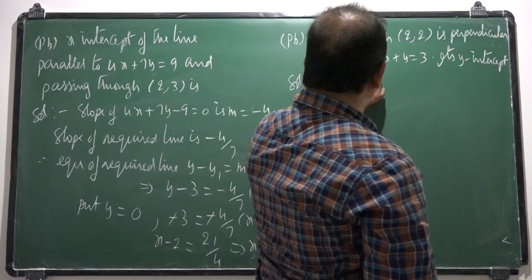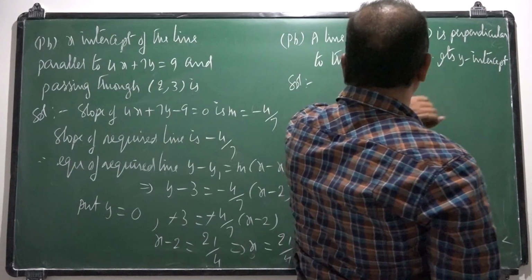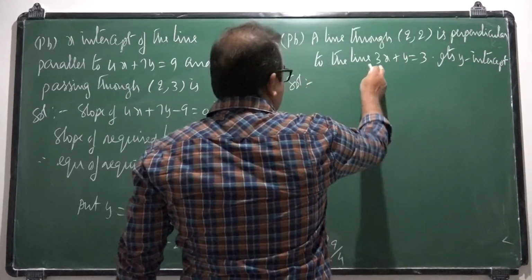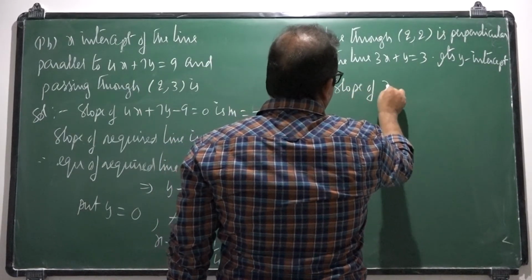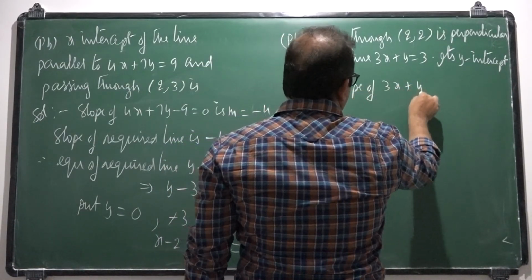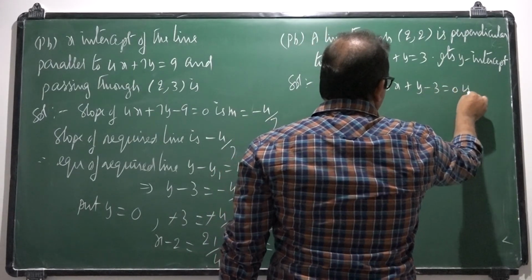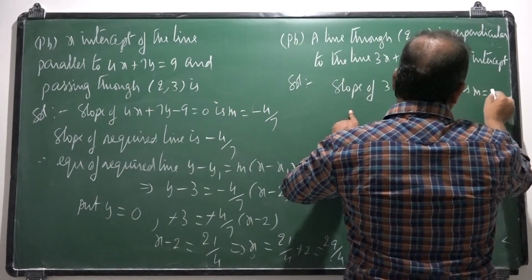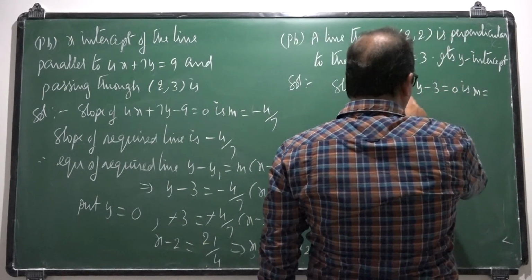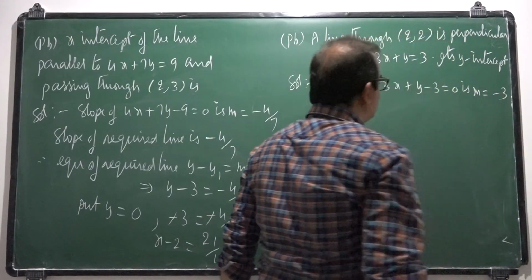Here the line passes through the point (2, 2) and is perpendicular to this line. What is the slope of the line 3x + y - 3 = 0? The slope of the line is m = minus a by b, minus 3 by 1, which is minus 3.